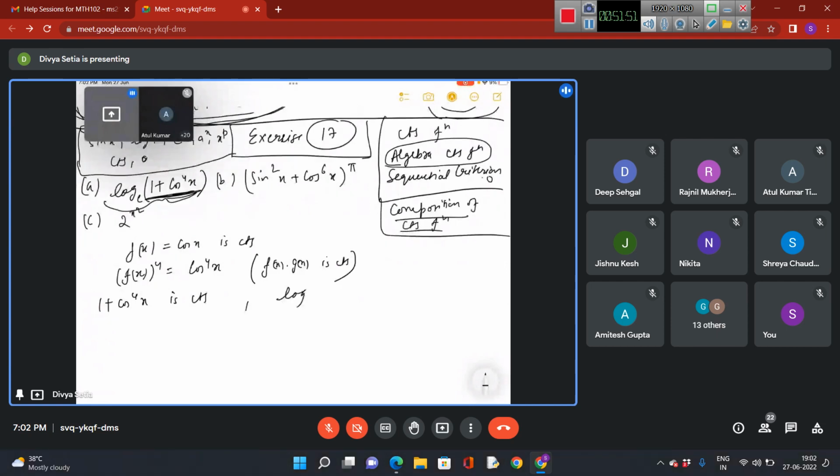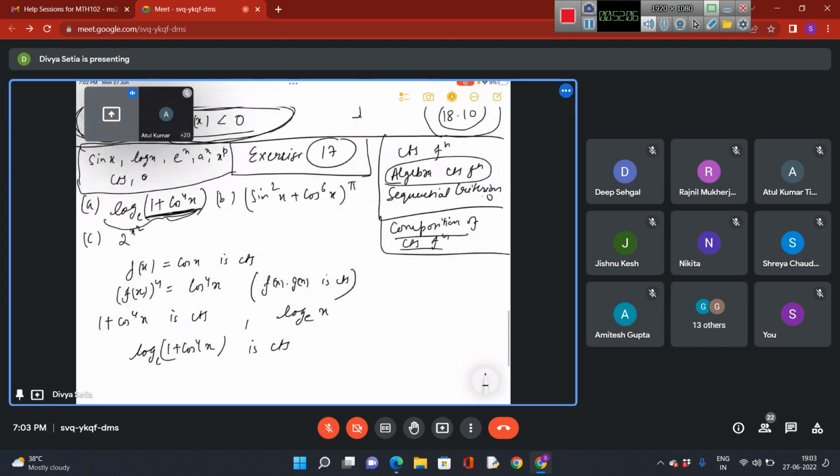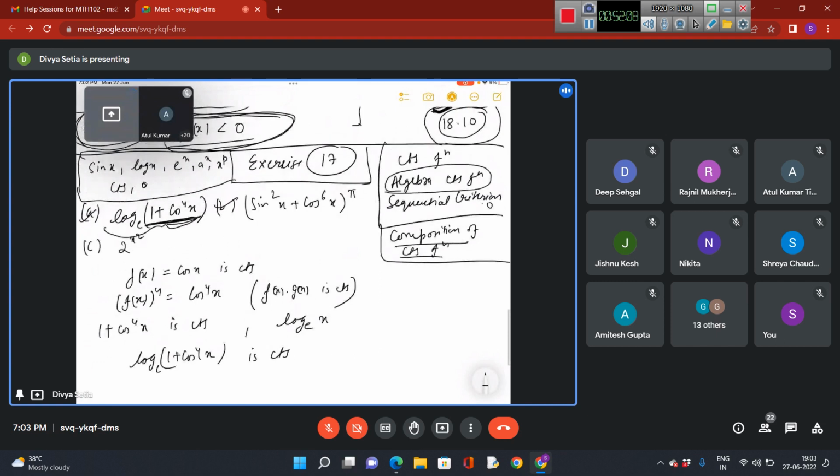This is continuous, log x is continuous, so composition should also be continuous. So by algebra of continuous functions, you can solve such type of problems by starting from scratch. Here you will require that sin x is continuous, cos x is continuous, powers are continuous, sum is continuous, therefore power of this is also continuous.